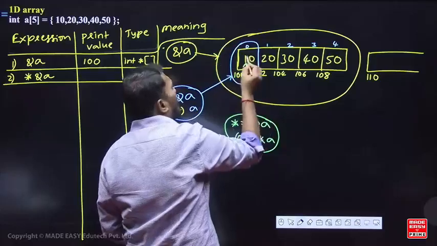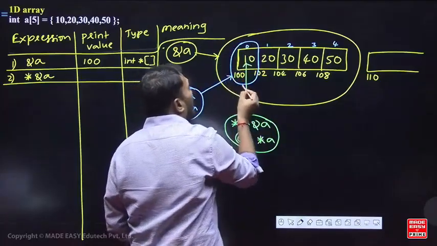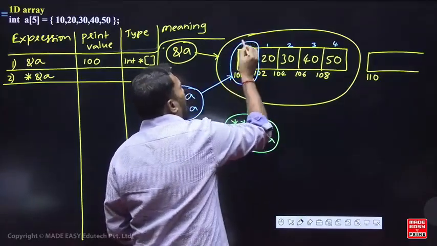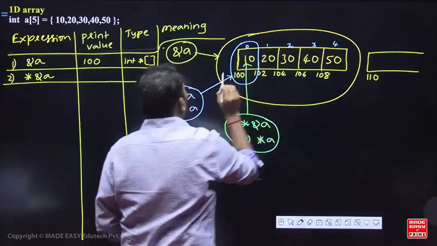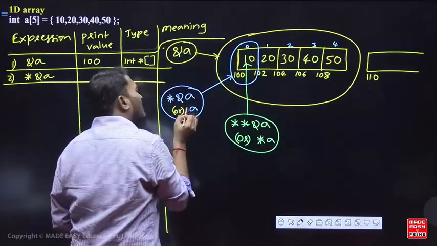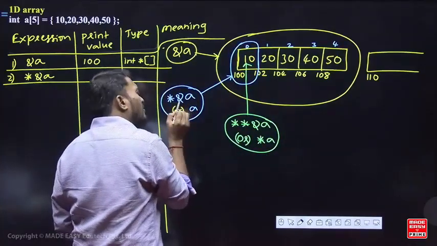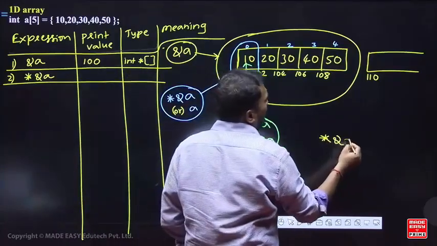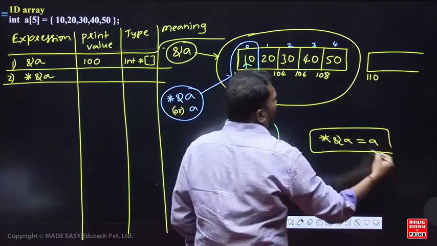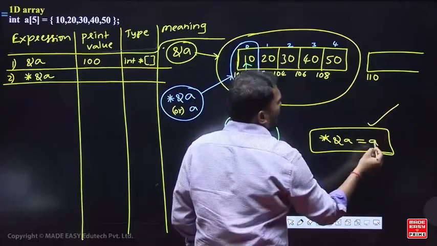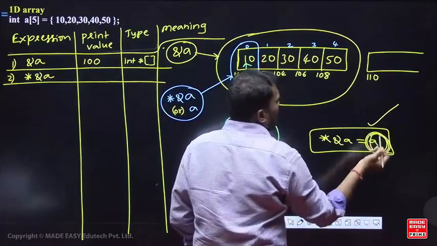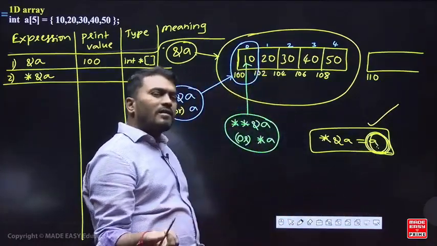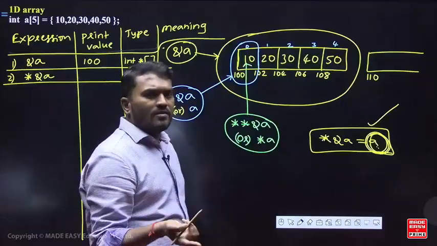If I apply star, it now points to an element, not the value, remember, the element. Star ampersand a is the same as a, because I told you in the first class on pointers. And if it is a 1D array, a is the base address of the 0th element.